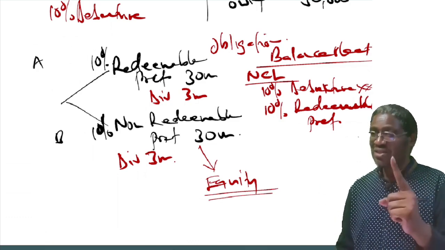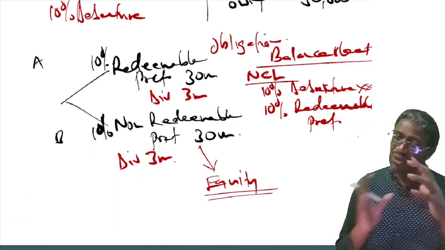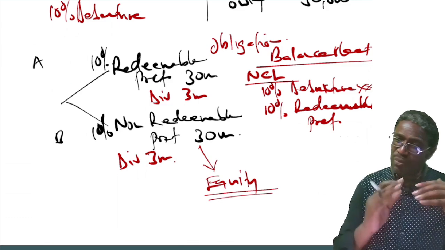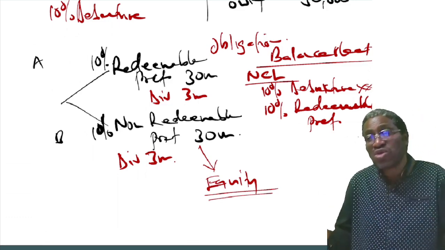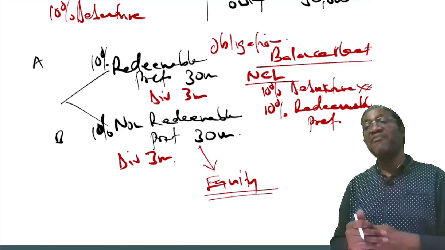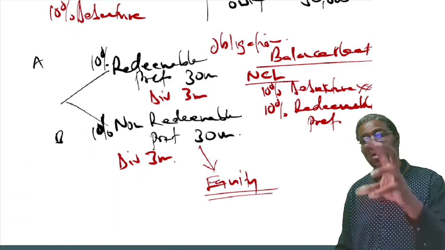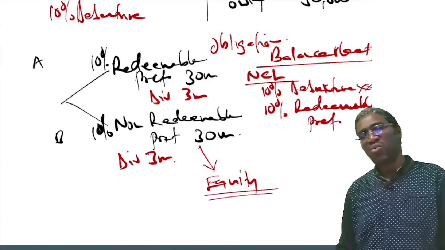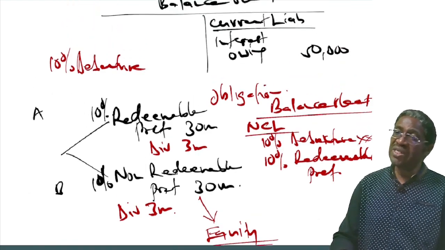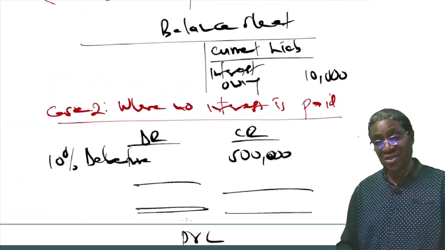Because they will be required to pay the dividend, that dividend for them is not an appropriation of their profit, it becomes a finance cost to them. It's a cost of borrowing. That becomes a finance cost. So, together with the interest on debenture, you could also have what we are calling preference dividend as another example of a finance cost.